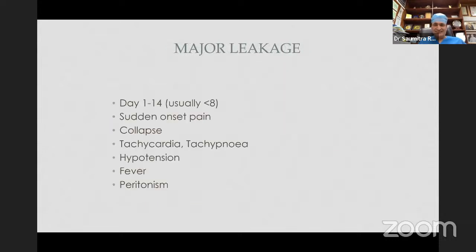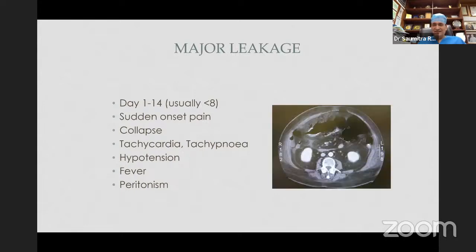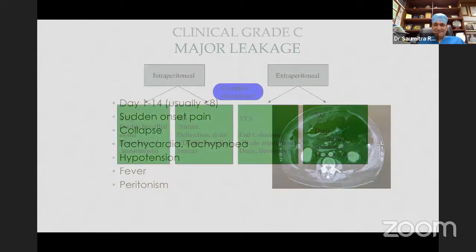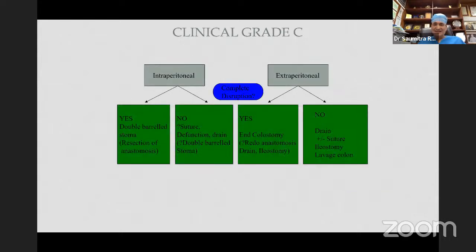This is about the major leak. Sudden onset, the patient will have generalized symptoms of tachycardia, tachypnea, hypotension, fever, and the patient is having peritonism as well. Again, the blue shows whether the complete disruption is present or not. If there is a complete disruption in intraperitoneal, the safest thing is a double barrel stoma, and you resect the anastomosis.